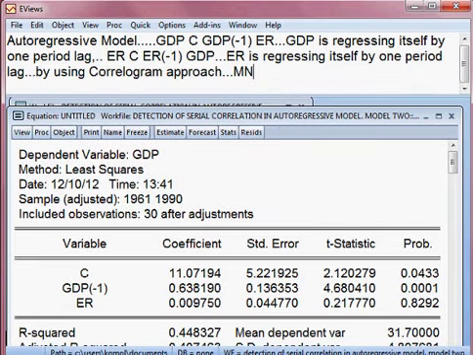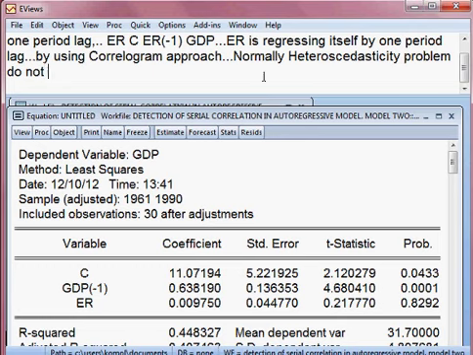That means normally the heteroscedasticity problem does not appear, especially when the data is time series in nature.